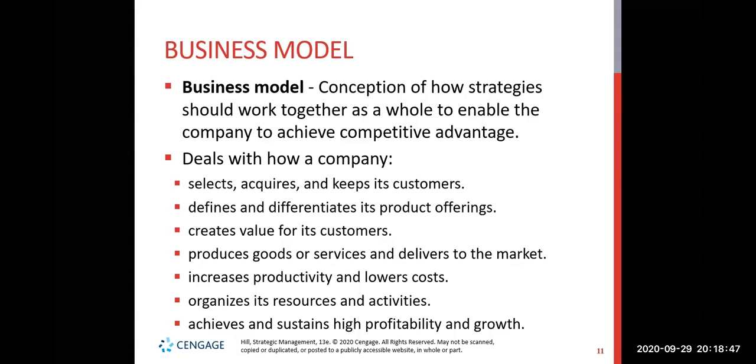For example, what kind of customer are you going to serve, what are your product offerings, how do you differentiate your product offering from your competitors, how can you create value for the customer, what kind of products or services will be produced and delivered to the market, how can companies use different strategies to increase their productivity and lower their cost, what are the ways through which they organize their resources and activities, and how they achieve sustainable high profitability and growth.